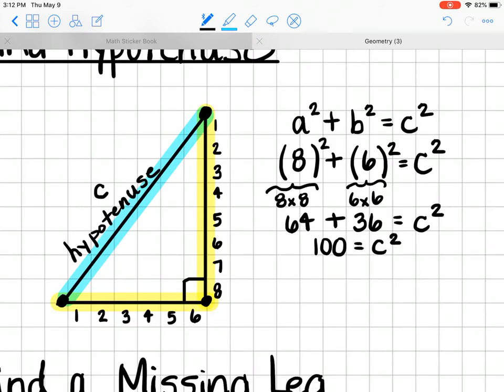Now I know there aren't 100 boxes there because this is c squared. We have to take the square root to get c, and the square root of 100 is 10. So the hypotenuse for this triangle is 10 units.